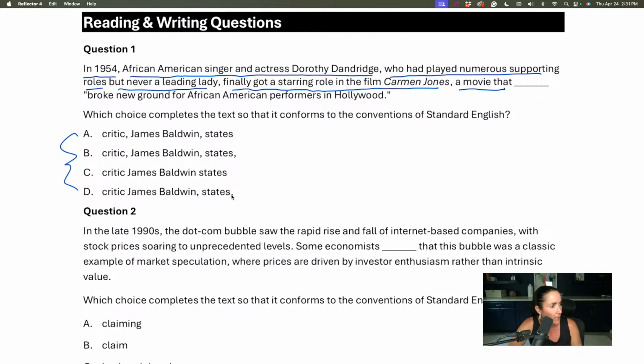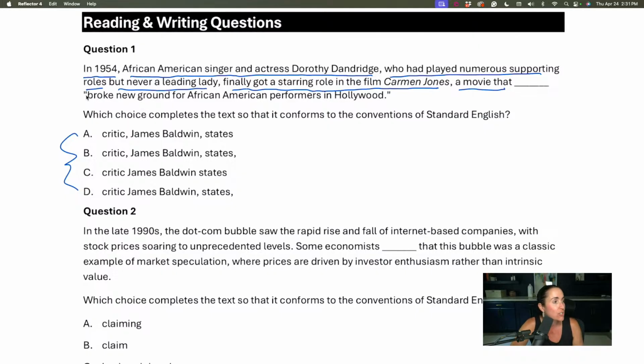You might be tempted to put a comma after "states" because you have this quotation here. And typically we do a comma before quotations, but this is part of the direct object of the sentence. It's part of the predicate of the sentence. It's not a quote out on its own. If I said, the critic James Baldwin said, comma, and then a full complete sentence, that would be a quote.